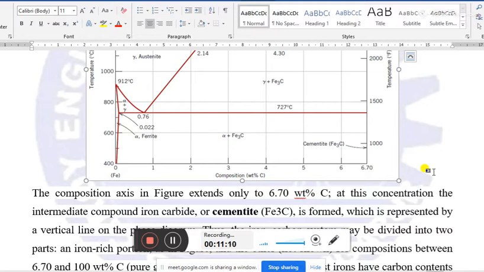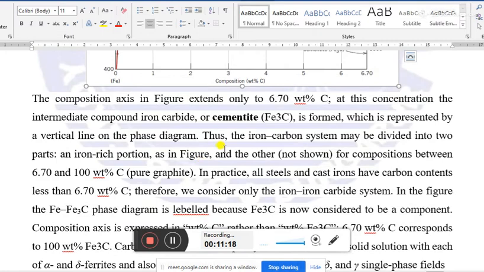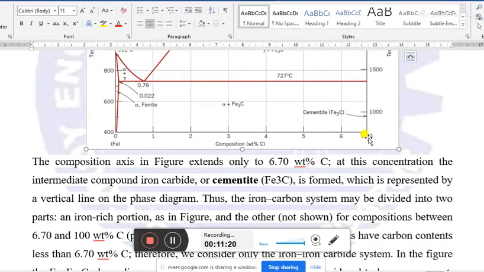That is the structural material, structural steel or structural cast iron. Maybe you may take some examples of modified iron, but when the weight percentage of carbon is higher than 6.70%, that portion of iron has no importance or little importance.